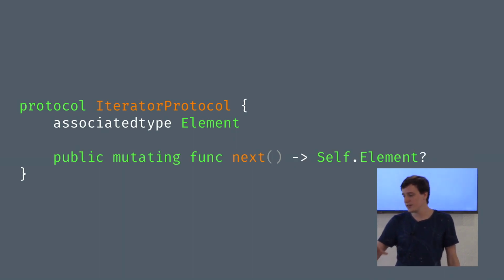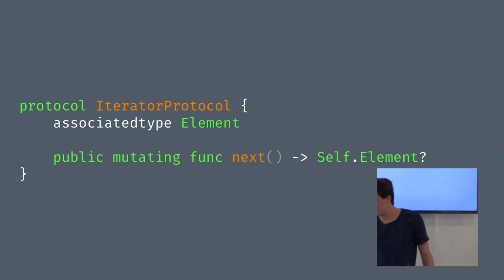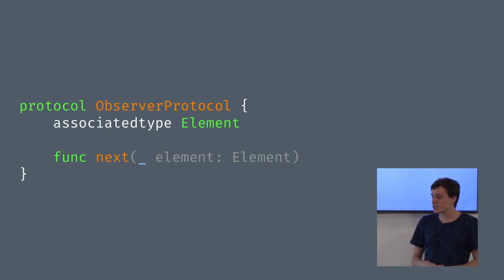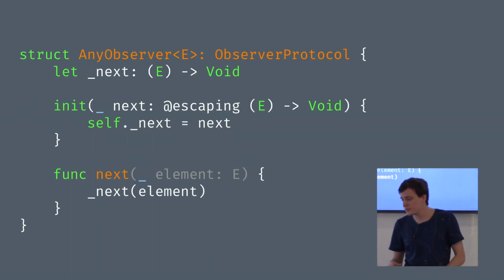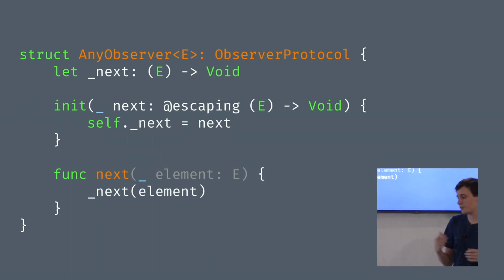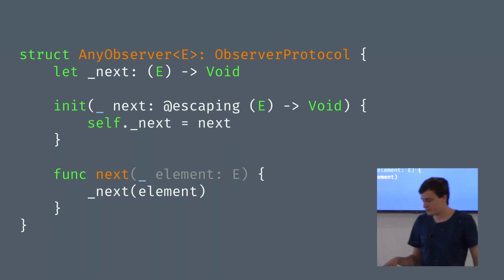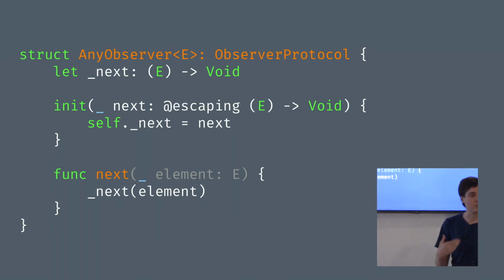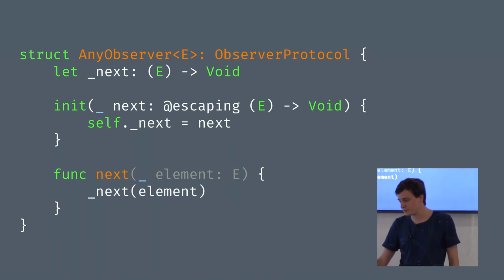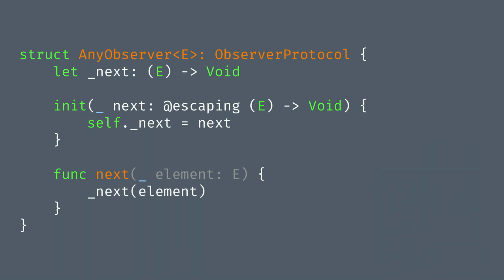Where the iterator has a function returning an element, the observer has a function that receives an element. We can make a very simple implementation, just like a type-erased wrapper, where the initializer receives the closure that will get called whenever next is called. So this is the simplest observer that you can implement.